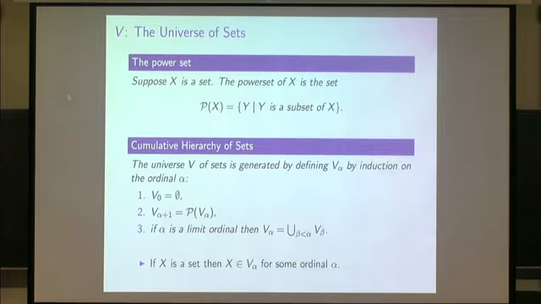Using the power set function and the ordinals, we can form the cumulative hierarchy of sets. So we start again with that object, the empty set. At a successor step, we just take the power set of what we have, and at a limit stage, we take the union. And you can show by induction that if alpha is less than beta, V alpha is a subset of V beta. It's an increasing hierarchy.